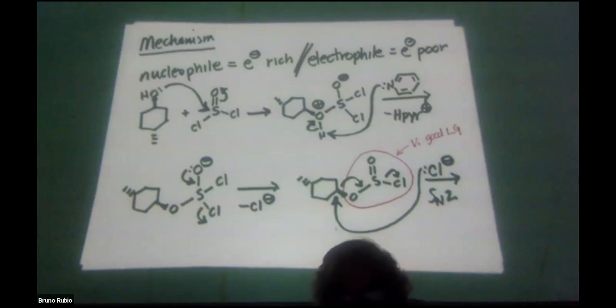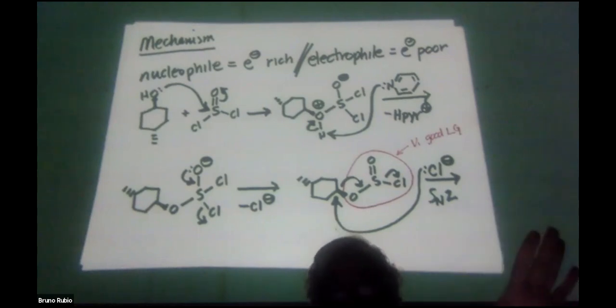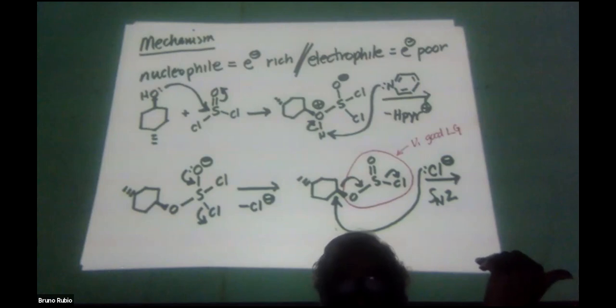So another thing we know about SN2, other than we never see an SN2 reaction on a tertiary substrate, is that it happens with backside attack. In other words, the leaving group is in the front of the molecule, the nucleophile comes in from the back.